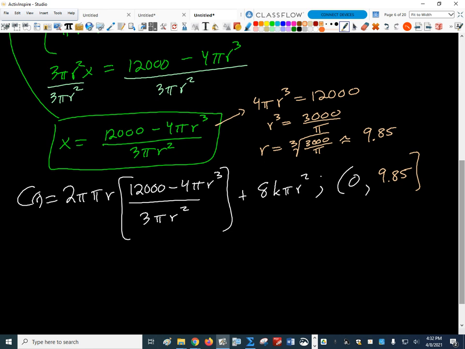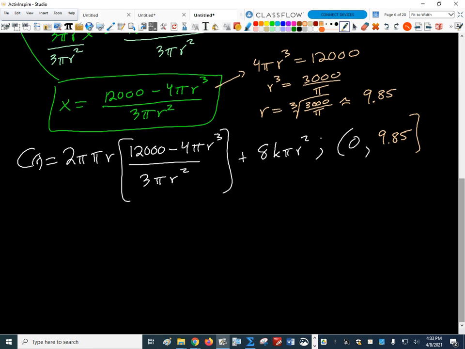Okay, so we could simplify this a little bit. I have 2 pi's there, don't I? Cancel one of those out. When I distribute this 2 pi r, the pi's cancel.